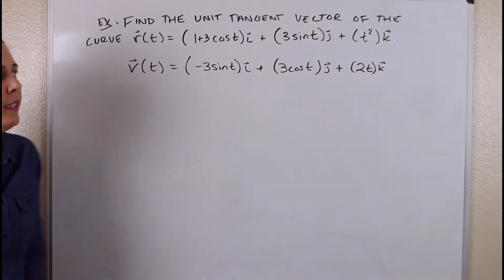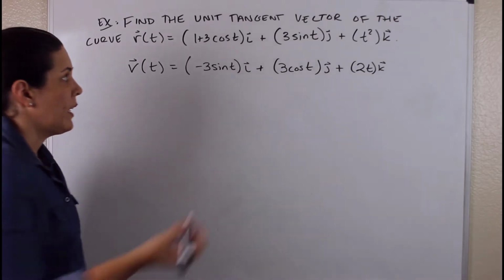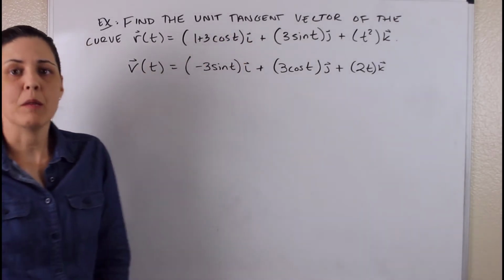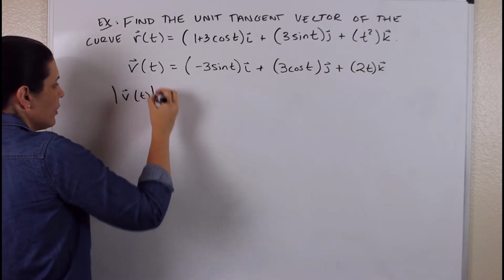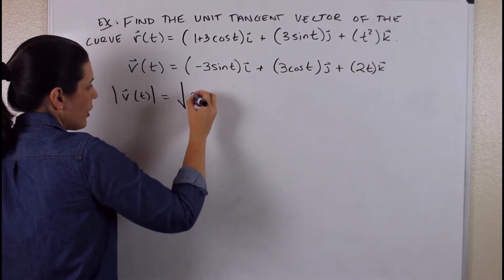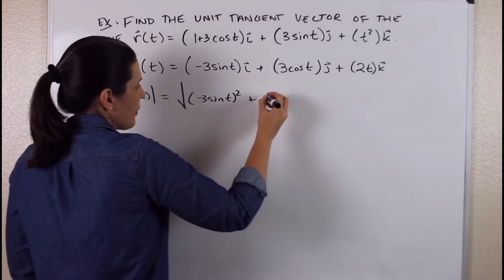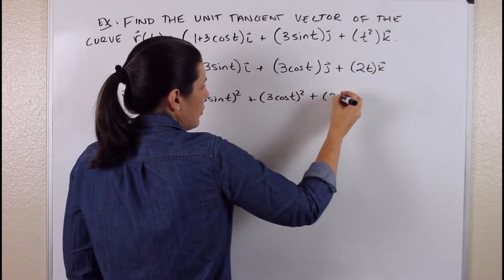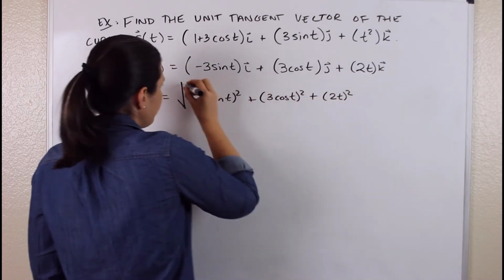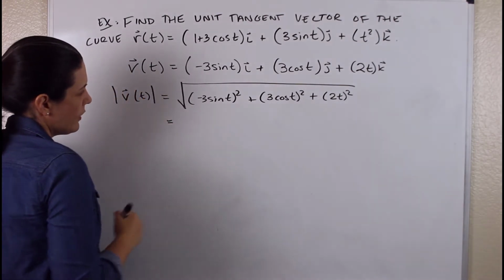All right. Now, I need the magnitude of this because for my unit tangent vector, I have to divide by the magnitude. So the magnitude of v, we're going to take the square root of (-3 sine t) squared plus (3 cosine t) squared plus (2t) squared. Okay? And let's simplify this a little bit.